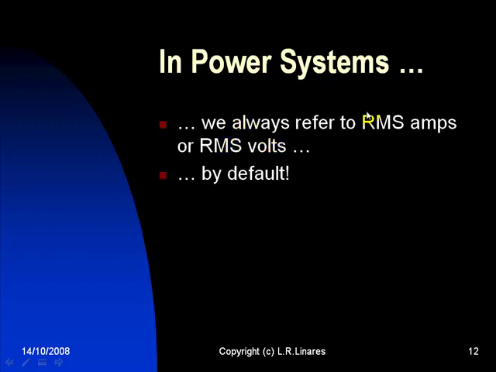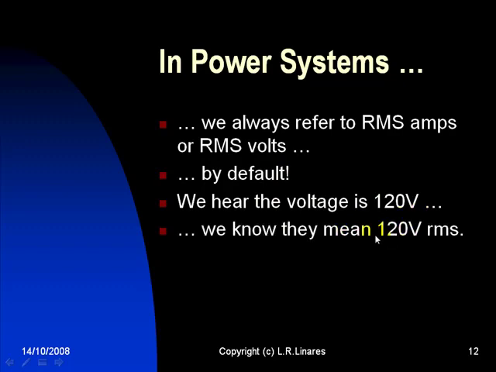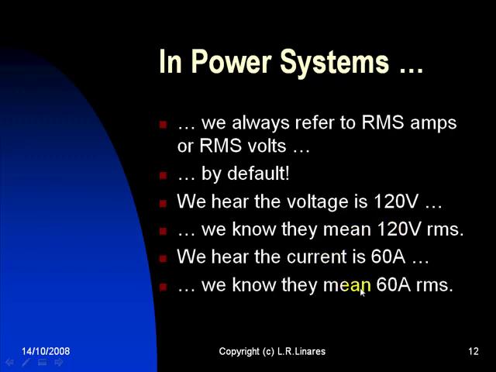So ignoring this is a serious mistake. Why? Because if we ignore that, we are doubling the power. So it's not a minor error, it's 100% error. That is horrible, all right? If we hear that the voltage is 120 volts, what they mean actually is that the voltage is 120 volts RMS. When we hear that the current is 60 amps, what they mean is 60 amps RMS.